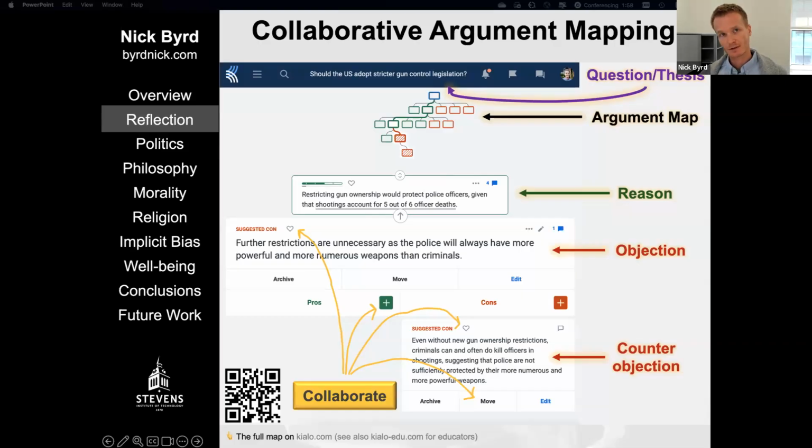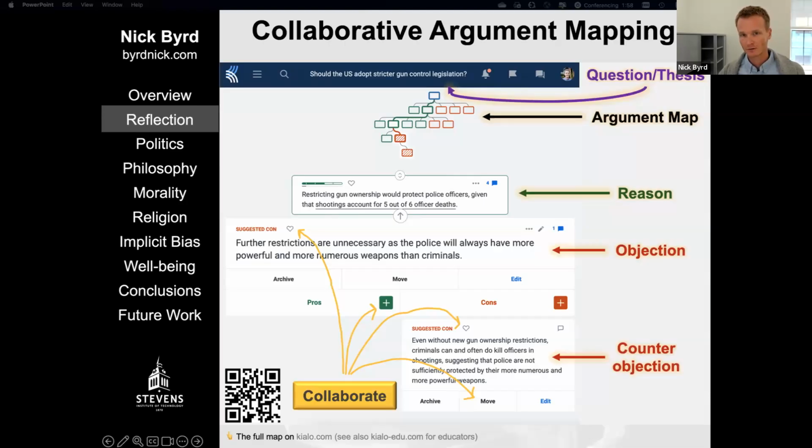So this is a reason for gun control, a policy that many conservatives in the United States would not like. But the reason is one that conservatives will like, right? They tend to like rhetoric that is pro-police. And so this is a reason they will tend to like that would lead them to a conclusion they would tend to otherwise not like.